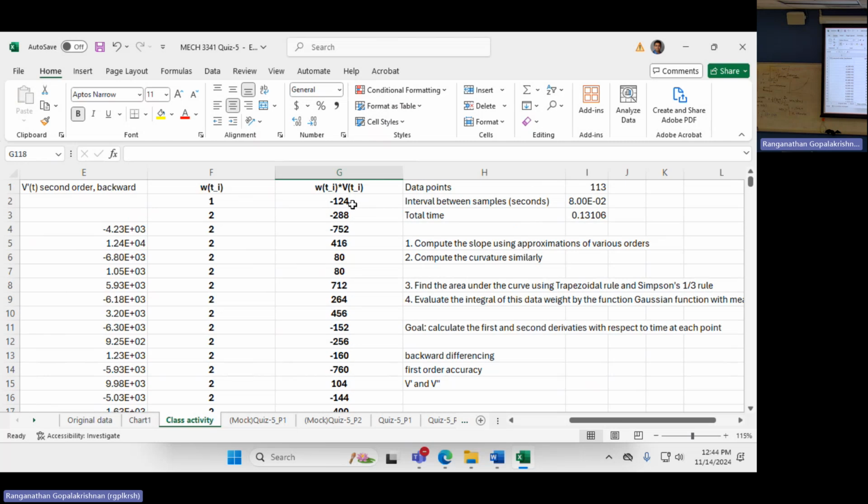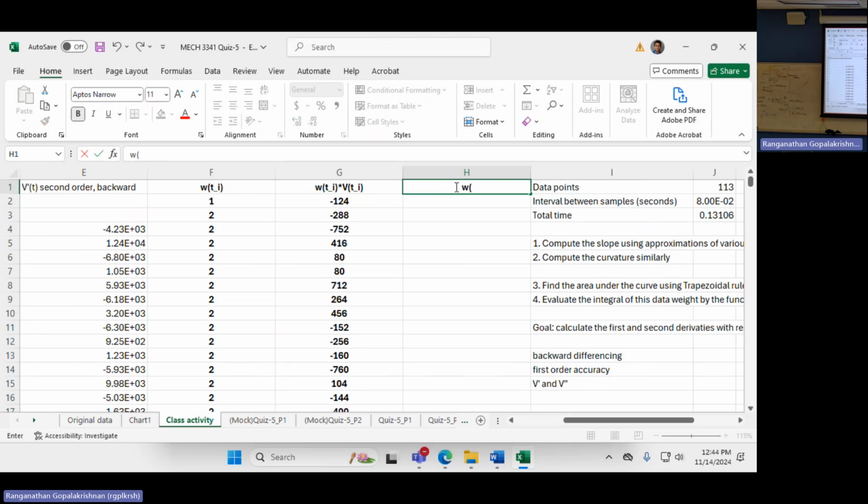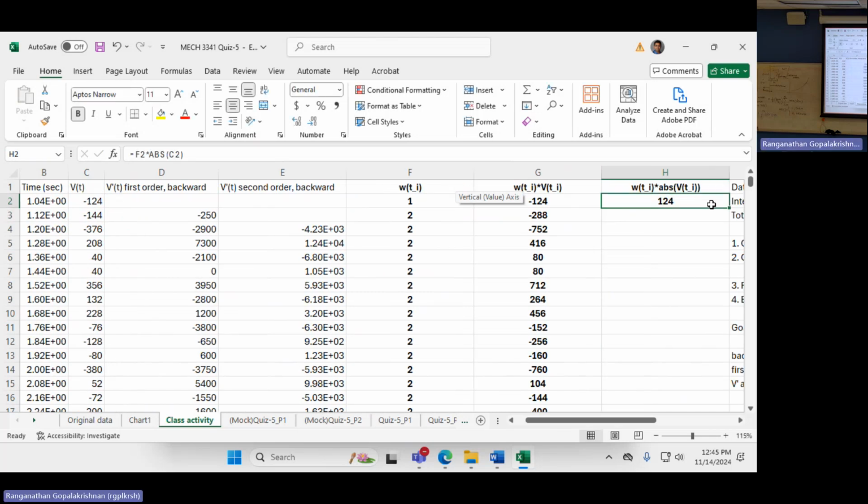Change all the negatives to positive. You should not do it manually. You would do it by, for example, writing W of ti, that doesn't change, times the absolute value of V of ti.